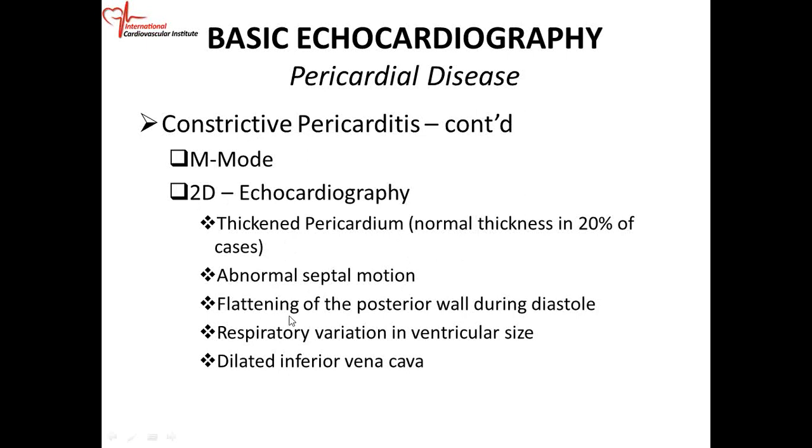And you get flattening of the posterior wall during diastole, and again, a respiratory variation in ventricular size: the RV is larger in inspiration, smaller in expiration. Dilated IVC, dilated inferior vena cava, with lack of inspiratory collapse.